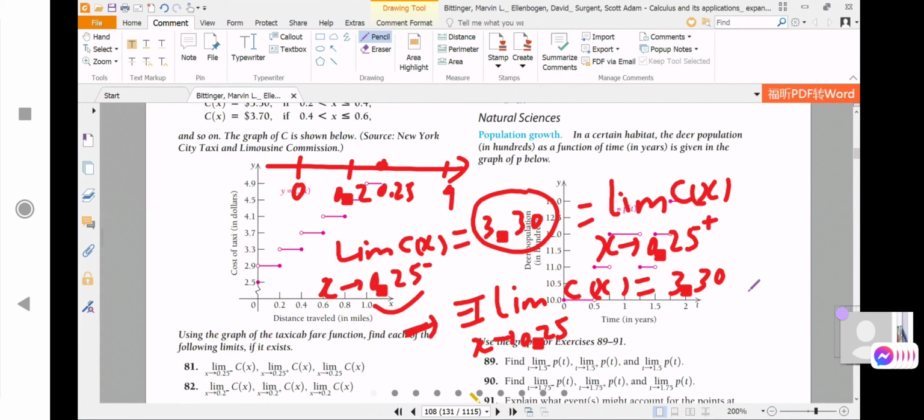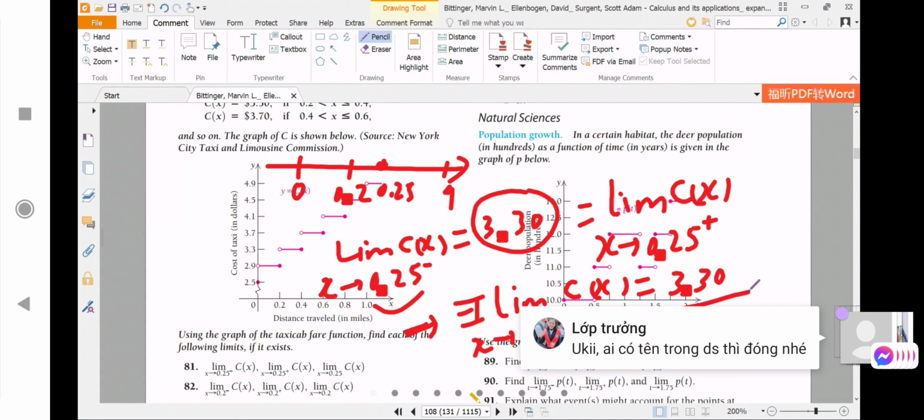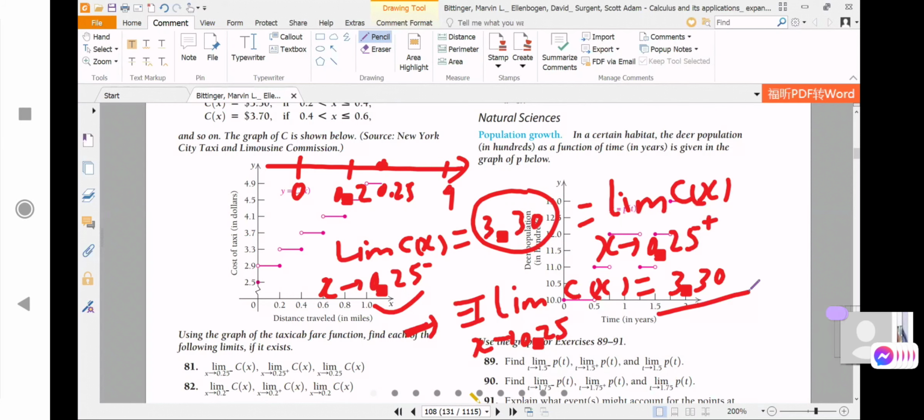This is right. Okay. Exercise 81, about the 82.